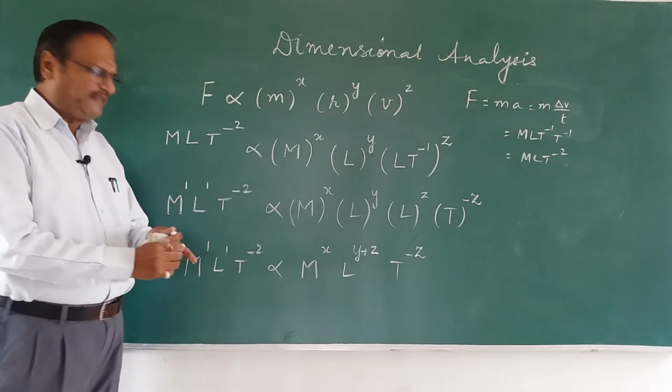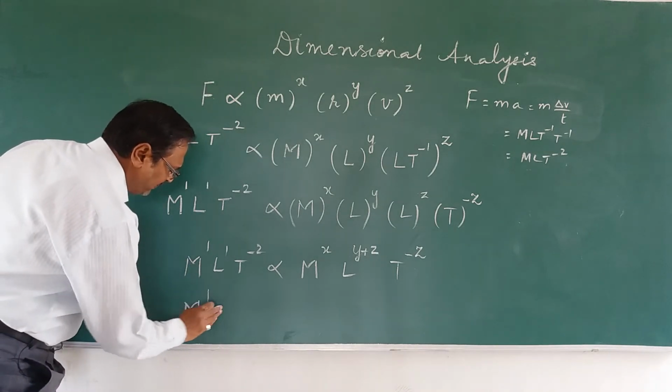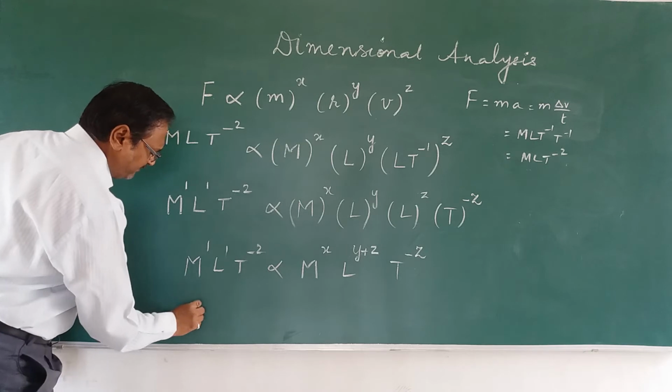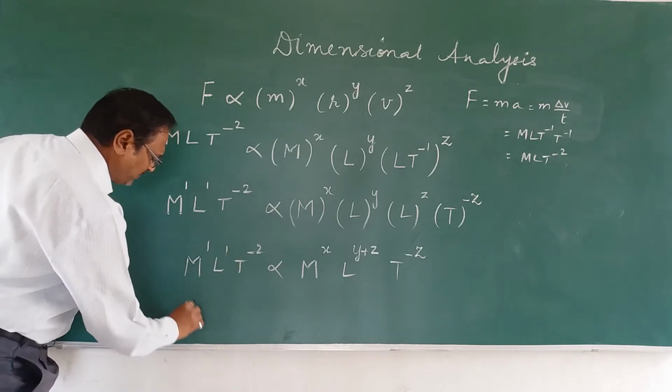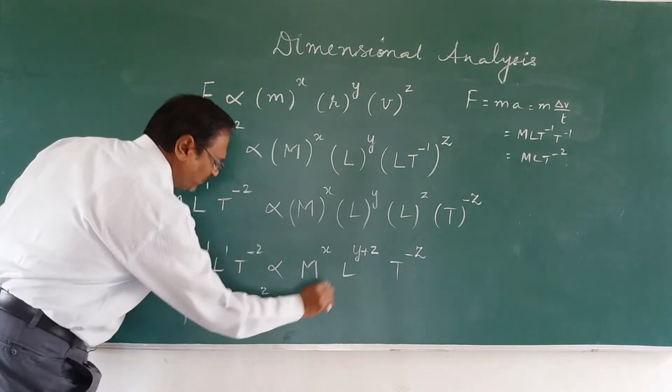Yes, now we can make it an equation. How can we do equal to? We should consider now itself M power 1, L power 1, T power minus 2 is equal to.